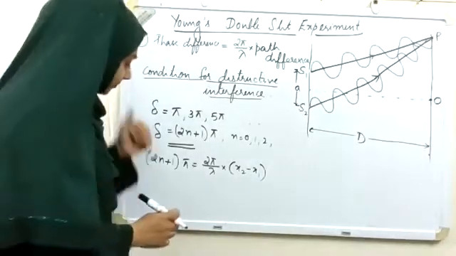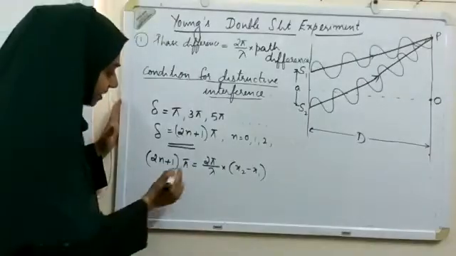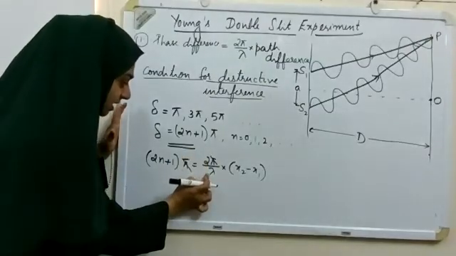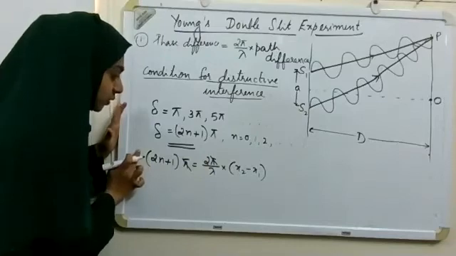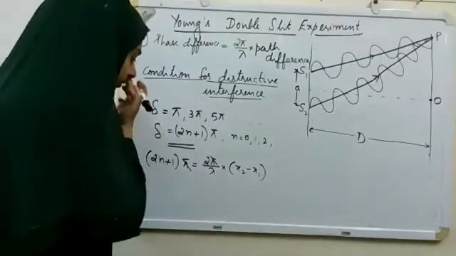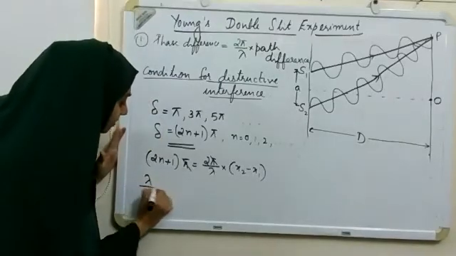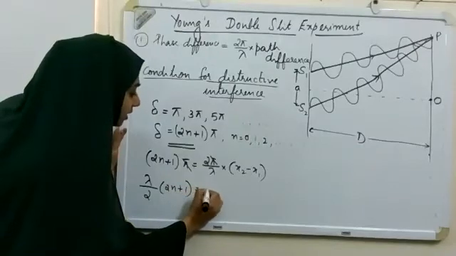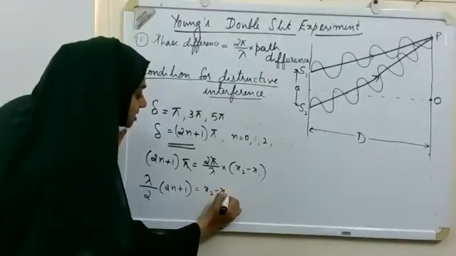Here pi gets cancelled, and I take lambda to this side, so it goes to the numerator, and 2 comes to the denominator. So lambda by 2 times 2n plus 1 is equal to x2 minus x1.